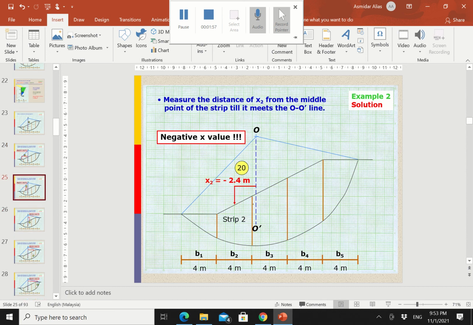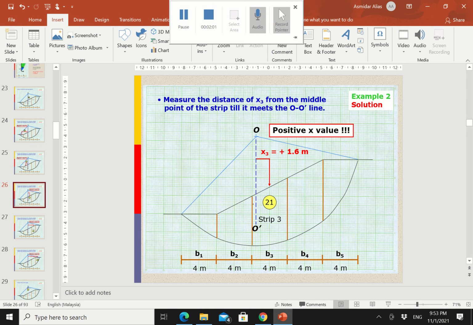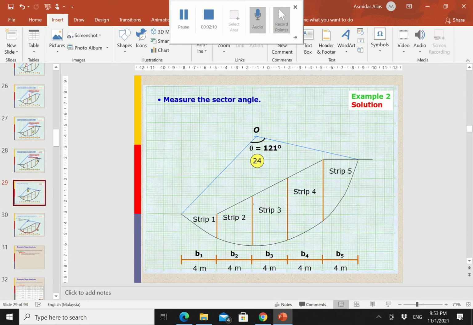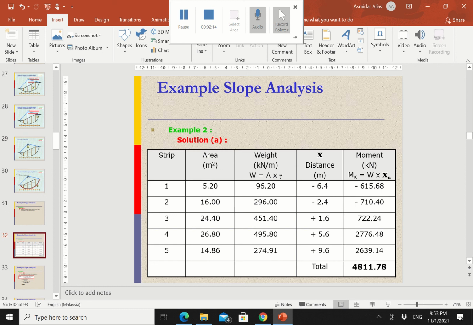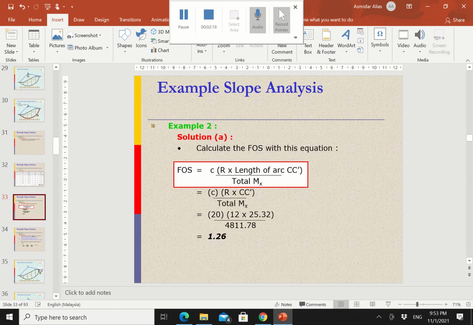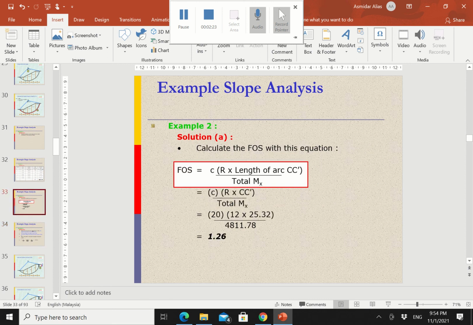You can study this slide on how to determine D and x, and from all the information, next what you need to do is put all the information in one table so that you can organize your work. This is the application of the equation, and then you get the value for F of S.